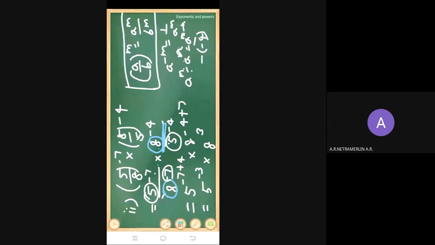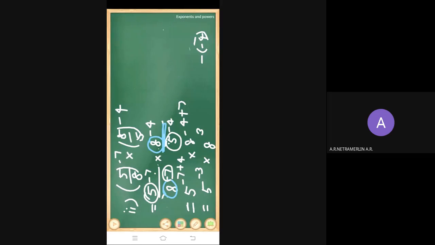So here 5 power minus 3 will become 1 by 5 power 3, and 8 cube. Okay. This power is not positive, it is negative, so let us bring it to the denominator.